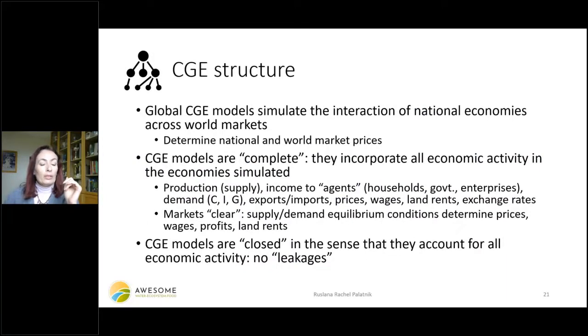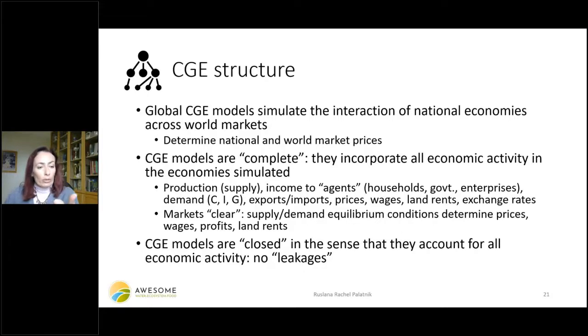To summarize, the global computable general equilibrium model simulates the interaction of national economies across world markets. Okay, so we can have a general equilibrium for a single country and or for the entire world economy. So here we determine national and also world market prices. Okay, CGE models are complete in the sense that they incorporate all economic activity in the economies that are simulated.